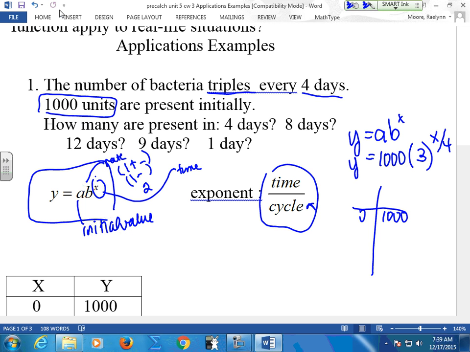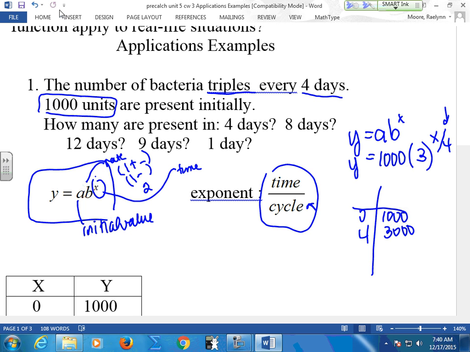After 4 days, where am I at? 3,000. So I can kind of see a pattern. When I write my equation and I do this in my calculator, if my table doesn't look like what I anticipated, maybe I forgot to do my cycle, maybe I forgot something else. So this is a good way to start.